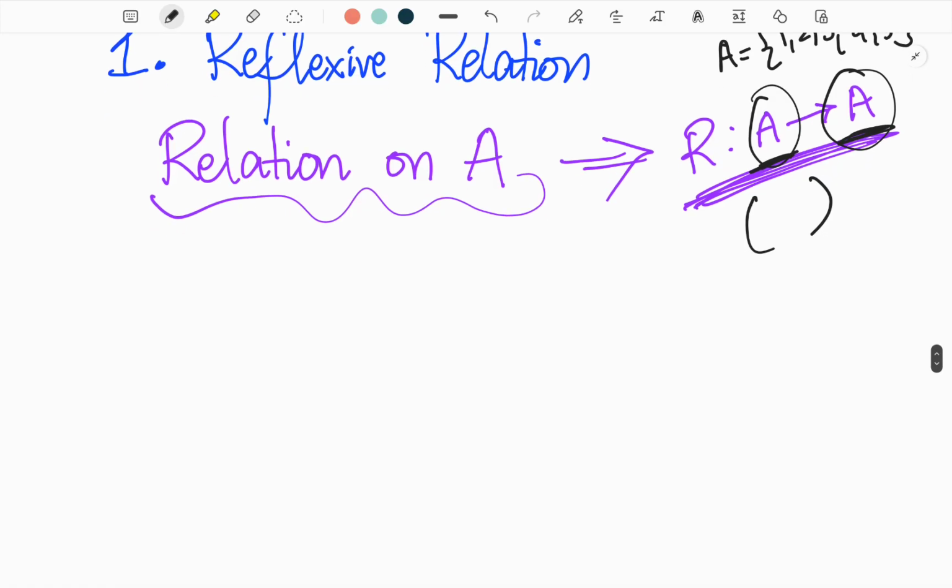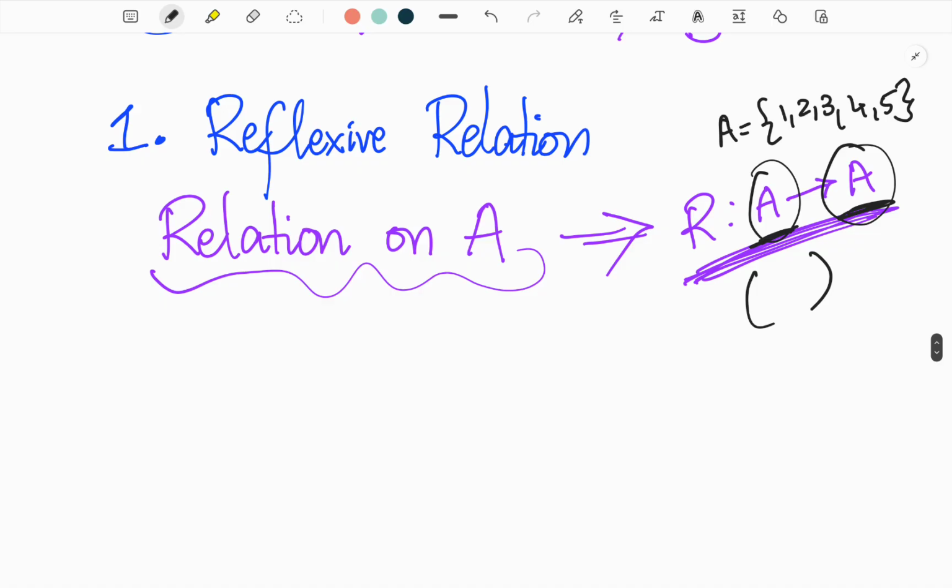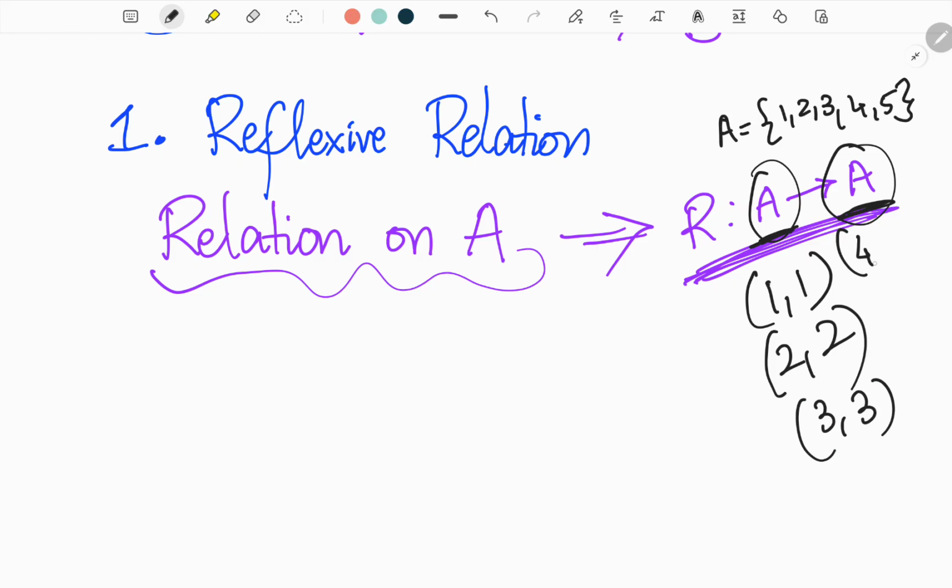Now if in a relation the ordered pairs are having the same pre-image and image, that means the x value and the y value are the same, like for example 1 comma 1 or 2 comma 2 or 3 comma 3, 4 comma 4, 5 comma 5.